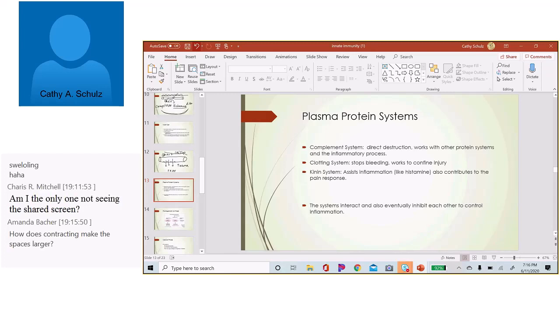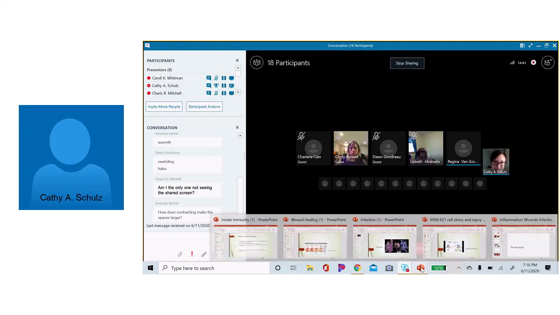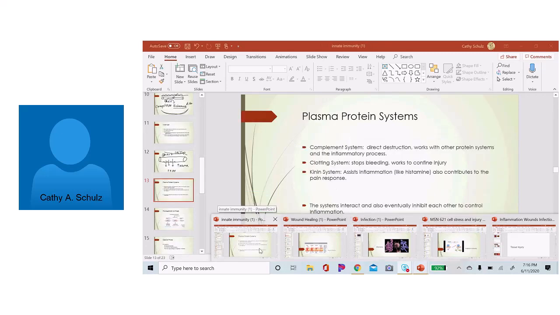So those systems are occurring at the same time and they're amplifying the histamine response. So the question is, how does contracting make the response, make the fluid increase?